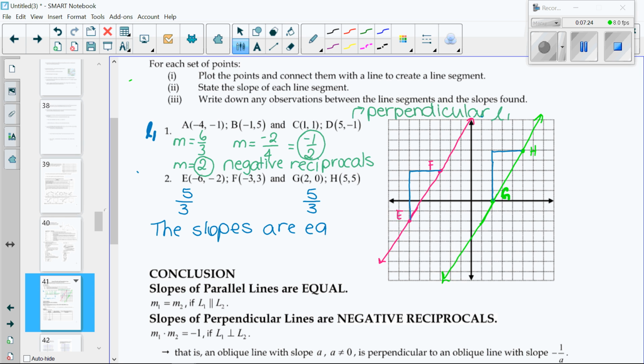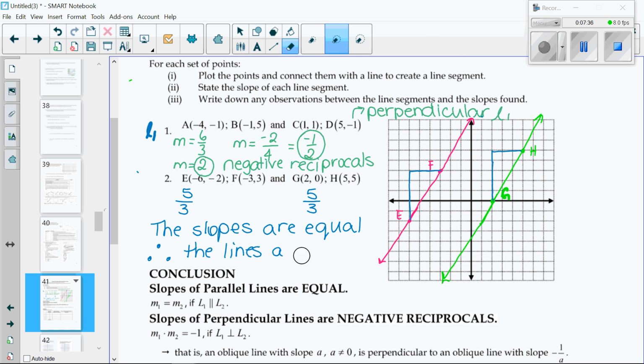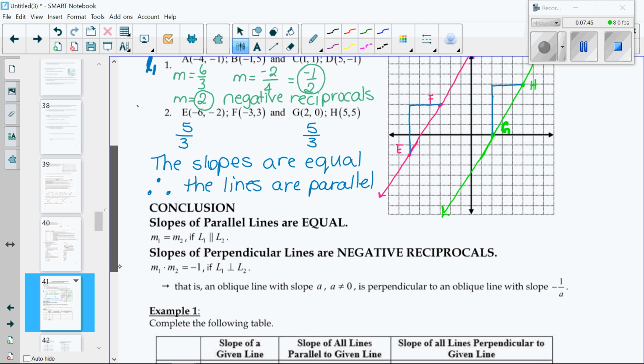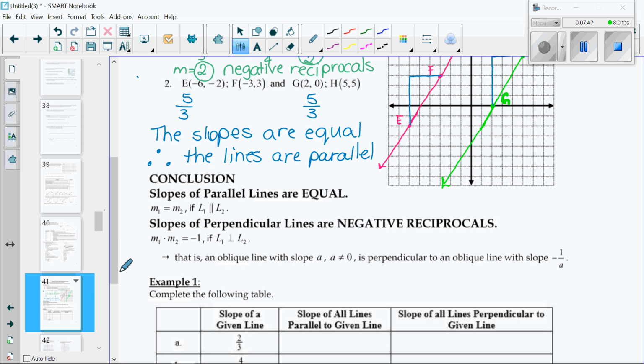If the slopes are equal, therefore, the lines are parallel. So the lines are parallel. So conclusion, slopes of parallel lines are always equal.